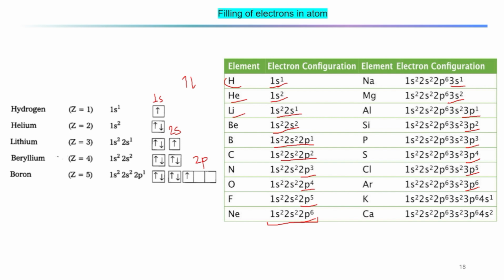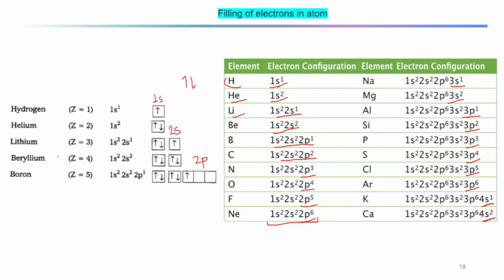Now if we add another electron, that will go in the next orbital, that is 4s1. So in case of potassium, we get 4s1. In case of calcium, we get 4s2. So this is called the filling of electrons, how electrons are getting filled one by one, in which orbital, which orbital will come first, which orbital will come next, that we are going to learn later in this video.